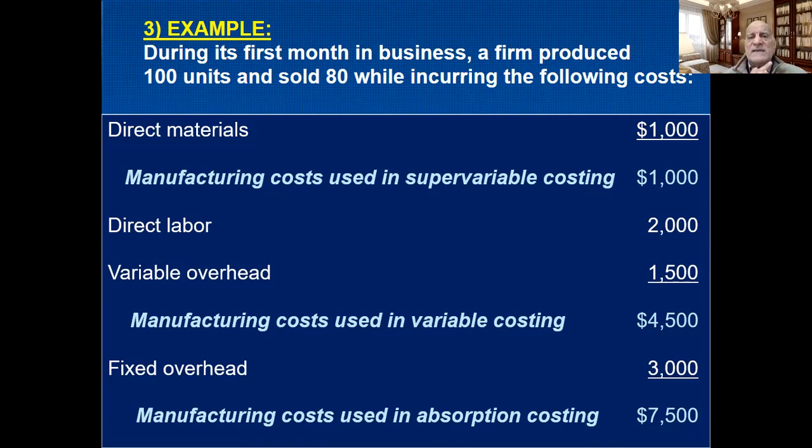The second method is variable costing, under which only variable costs are assigned to products. The third one is the new one illustrated today: throughput accounting or throughput costing, under which only direct materials are considered costs to be assigned to products. It is termed super variable costing.